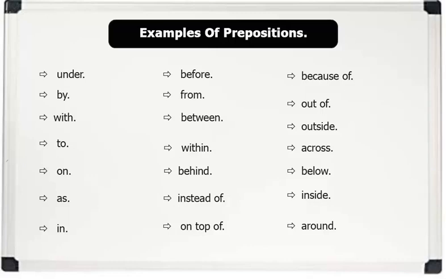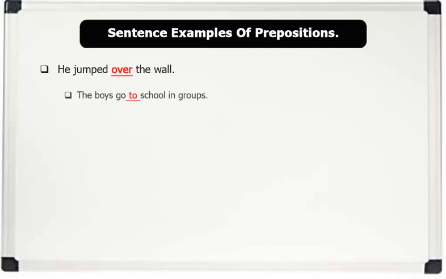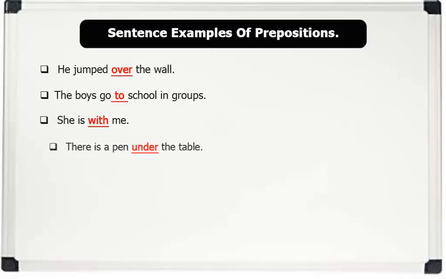Let's go over to sentence examples of prepositions. Sentence examples of prepositions. 1. He jumped over the wall. 2. The boys go to school in groups. 3. She is with me. 4. There is a pen under the table. 5.